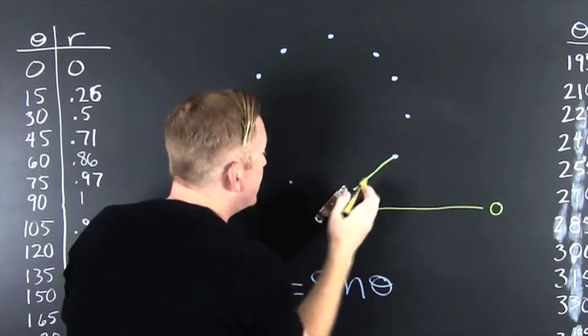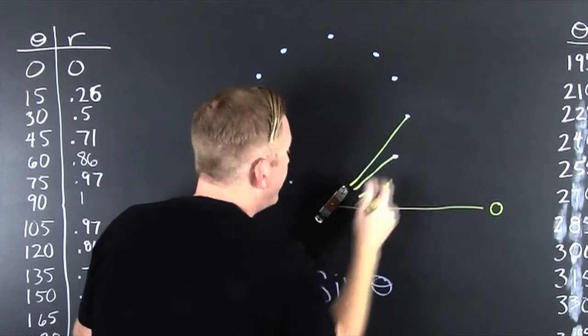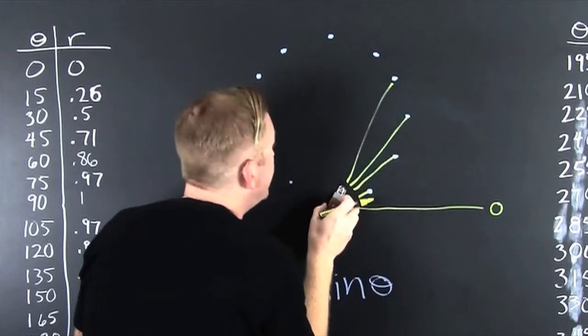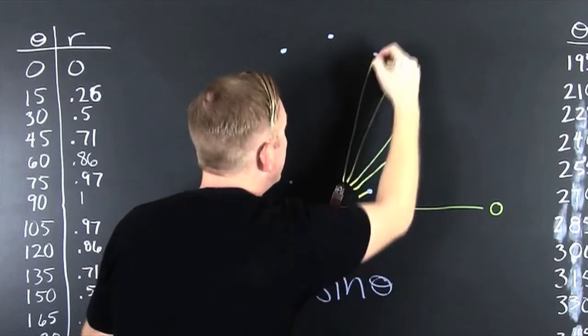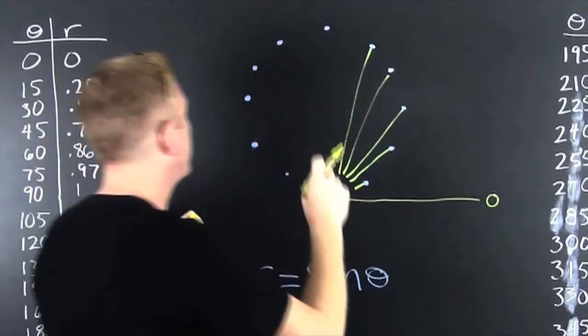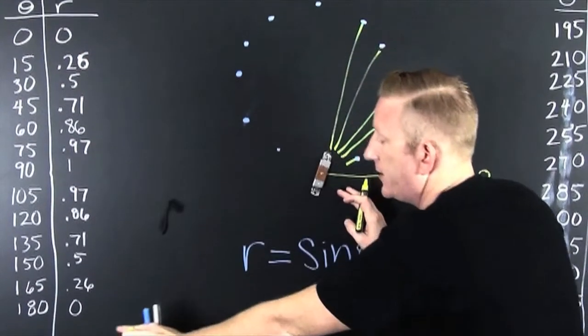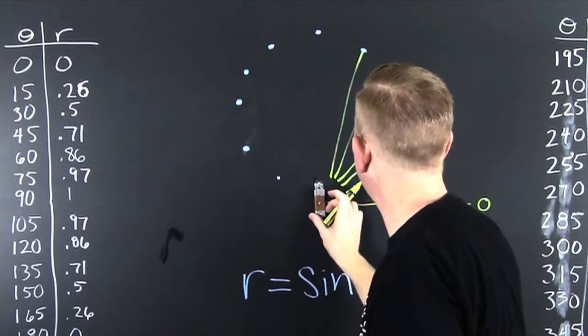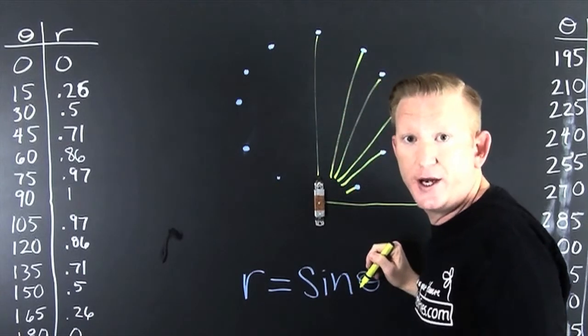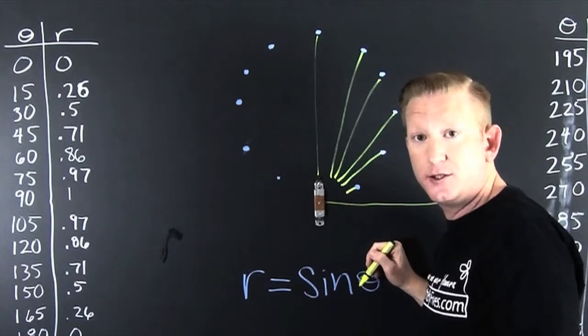And then 45 degrees, you go out that far. And then that far, and then that far. We're rotating and we're going out. Now at 90 degrees, I suppose we should be in radians, but you're more comfortable with degrees.